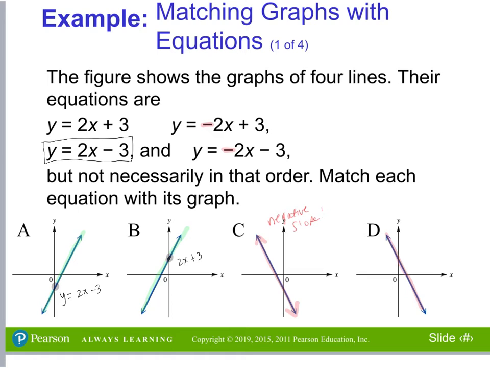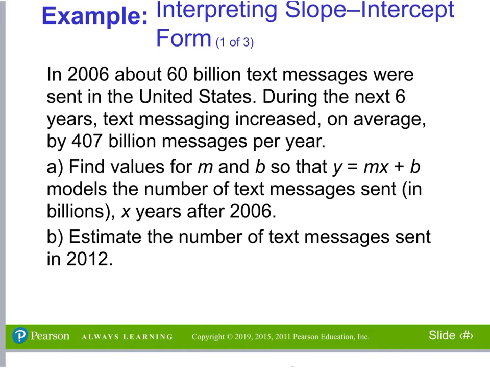And C could either be negative 2x plus 3 or minus 3 because it has a negative y-intercept. Then we would have this one be negative 2x minus 3. And this one, because of that positive y-intercept, would be y equals negative 2x, negative slope, and then a positive y-intercept.